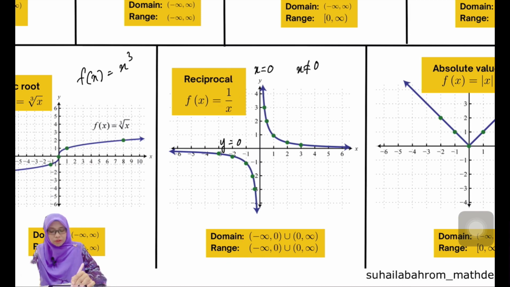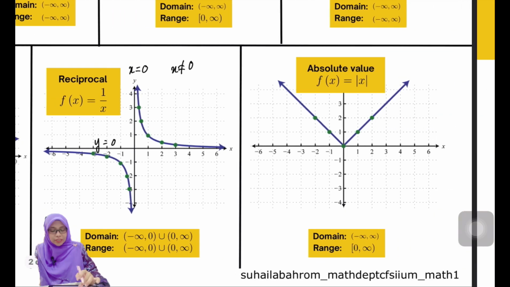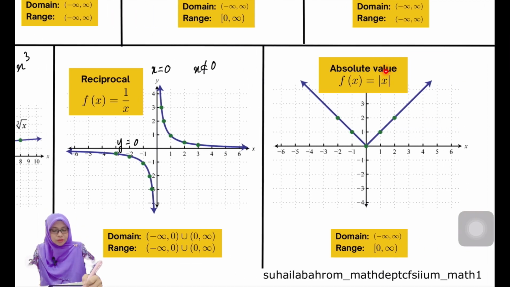Therefore, if the function is 1 over x, x cannot be 0. So the domain in interval notation is from negative infinity until 0, union 0 until infinity, and the same goes for the range.